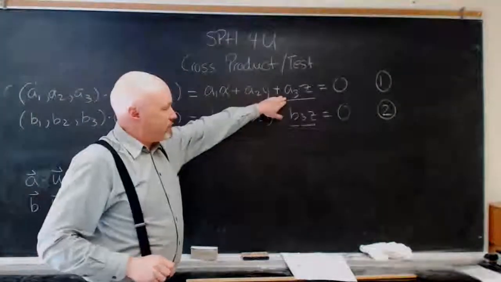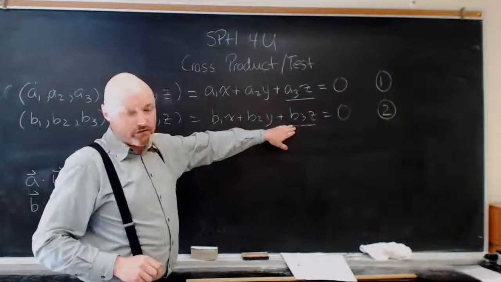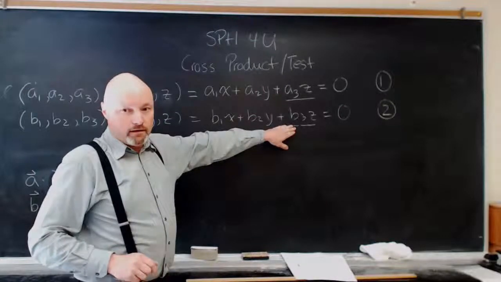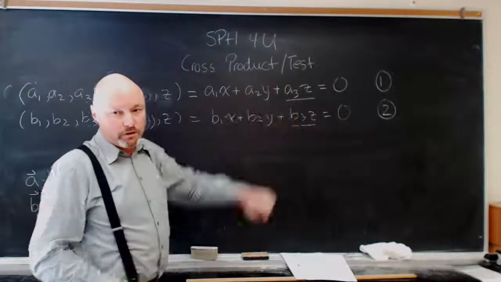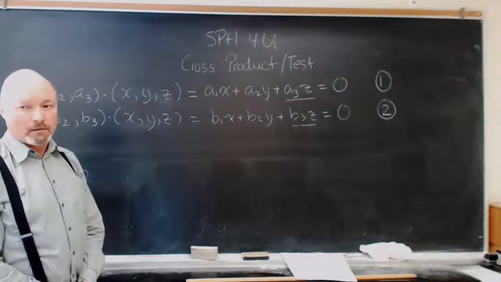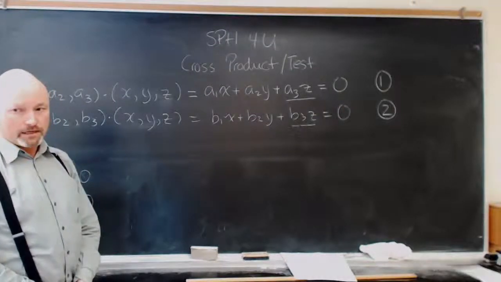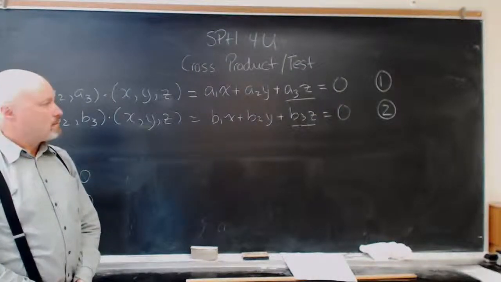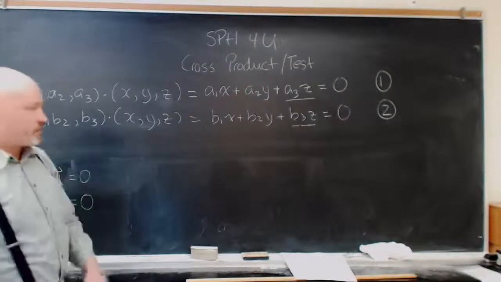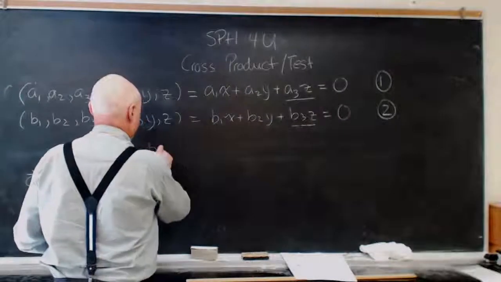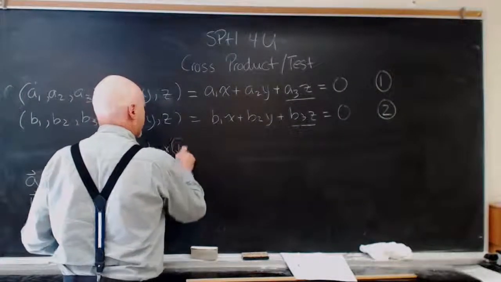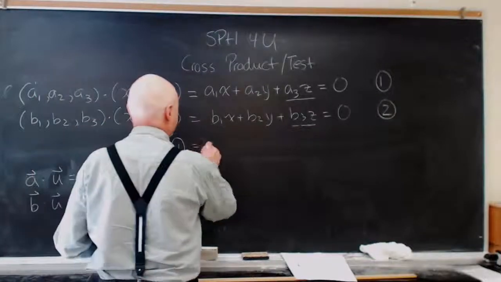I've got an a3 in front of my z here, and a b3 in front of my z there. What should I multiply equation 1 by so that I get a common coefficient in front of my z? I should multiply it by b3. That's right. So b3 times equation 1.